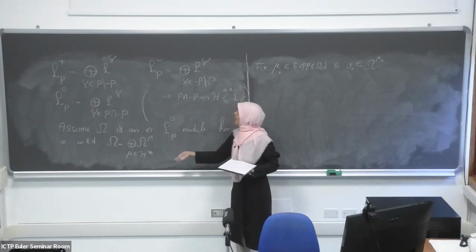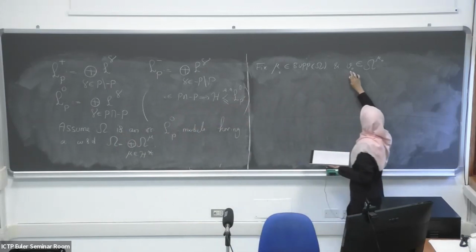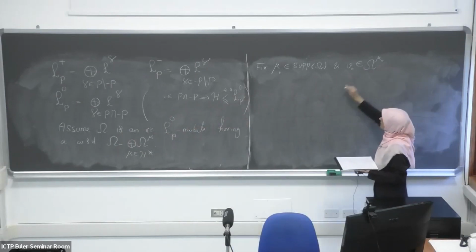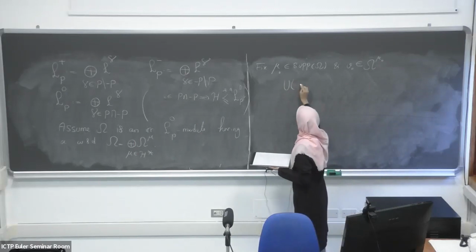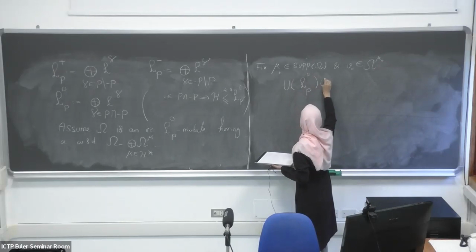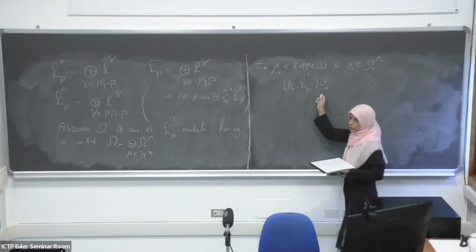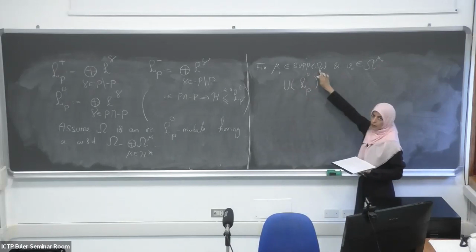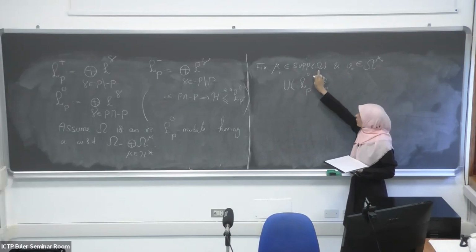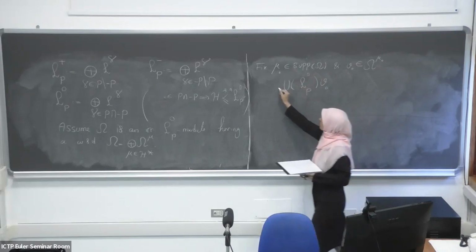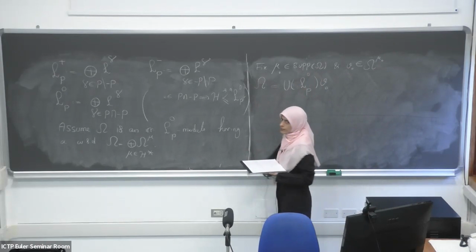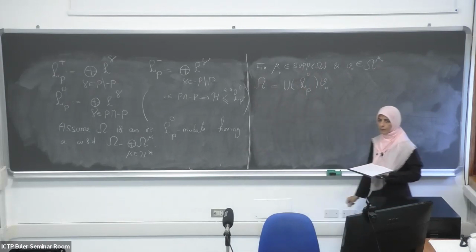So U(L null P)v0 is a submodule of omega, but omega is irreducible, so we have just this.